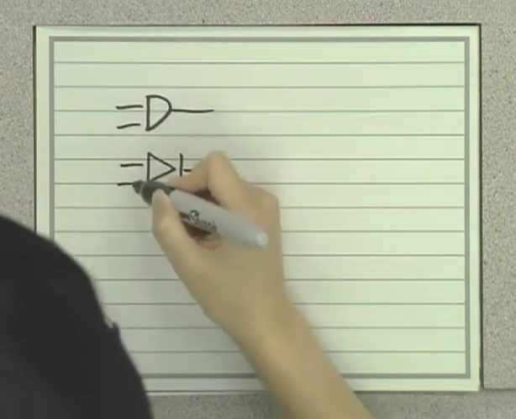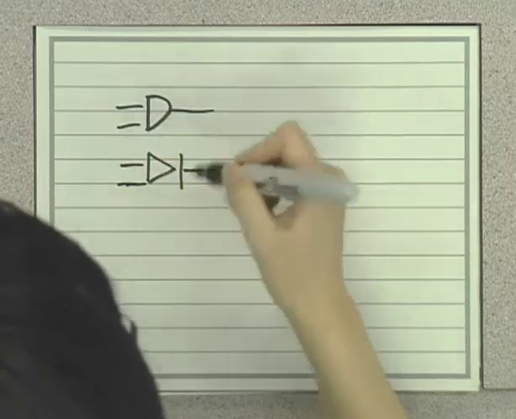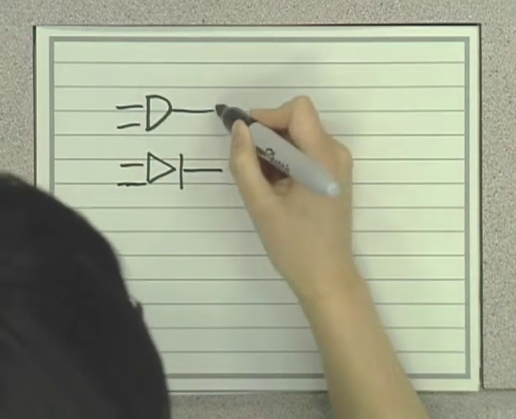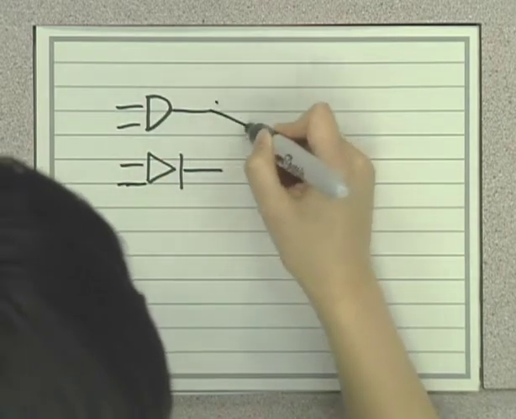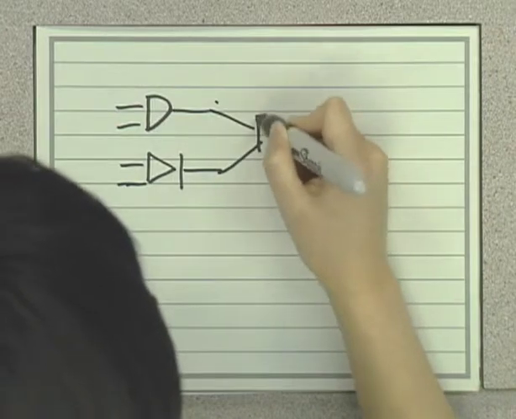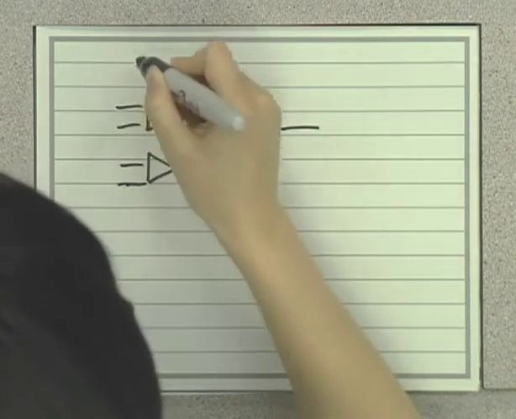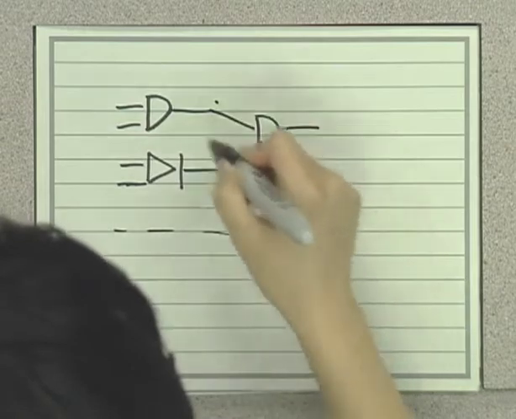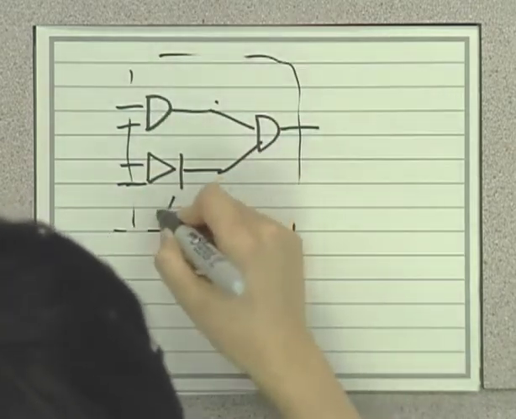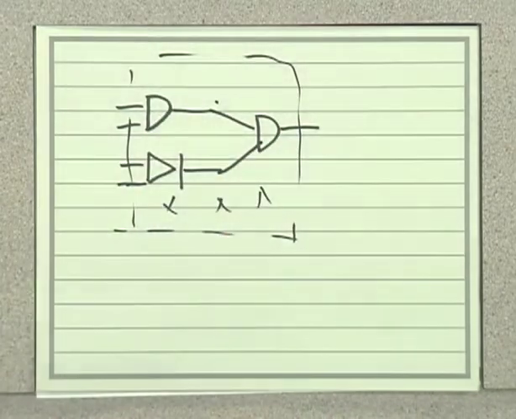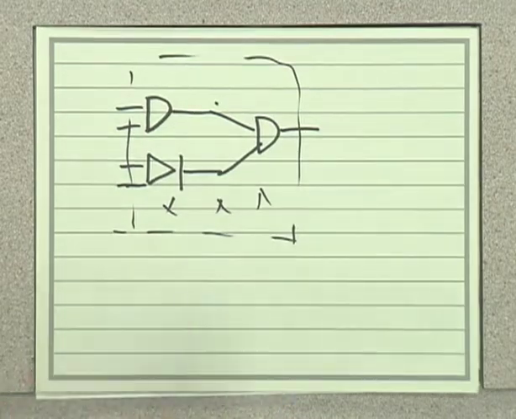These are the wires input to the gates, and they may feed into some other gates like this and like this. So this is what a circuit looks like. But generally, the circuit for a function is much bigger than this.